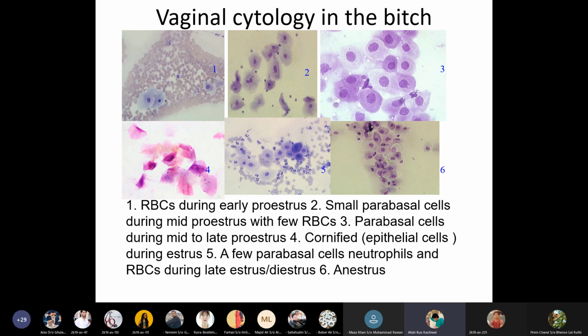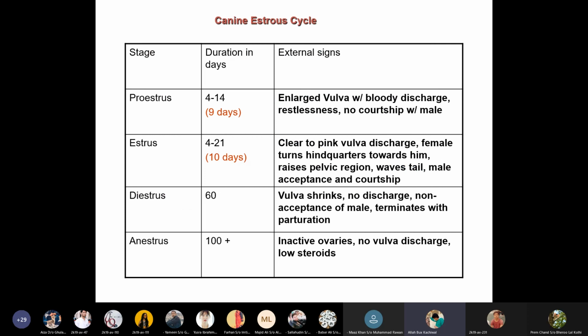The vaginal cytology in bitches shows RBCs during early proestrus, small parabasal cells during mid-proestrus with a few RBCs, and parabasal cells during mid to late proestrus, and cornified epithelial cells during estrus, then a few parabasal cells, neutrophils and RBCs during late estrus and diestrus, and then the slide of anestrus.